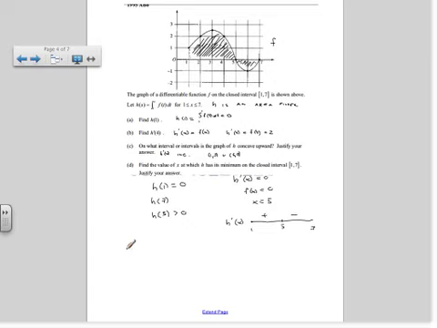So as a justification, I would say, first of all, h of 1 equals 0. H increases from 1 to 5 and decreases until 7.